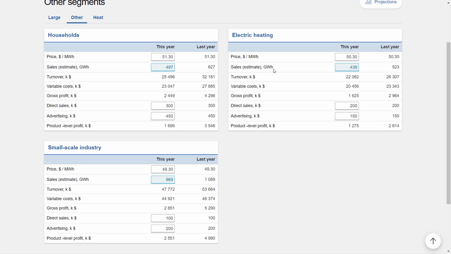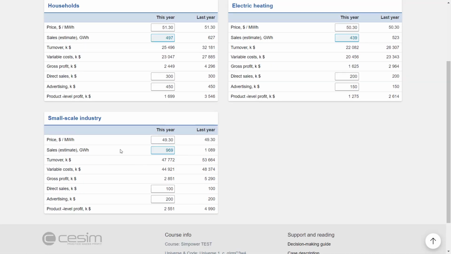So the electric heating obviously has higher consumption per customer compared to these regular households who use the electricity only for the different appliances. Here we only have the fixed price that we keep for each of the segments. And for small-scale industry, we have the same kind of pricing, fixed price only.